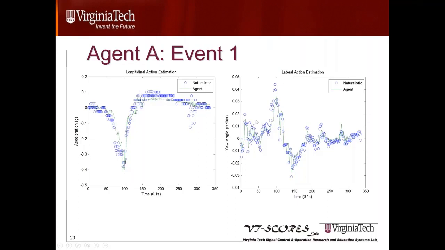Whereas if you look at the lateral action estimation, that's the yaw angle, so you're looking at the steering wheel, and that particular agent steered to the right, to the left, and did some erratic behavior, going all the way to the left, all the way to the right, until he came back to the center line of the lane and continued.